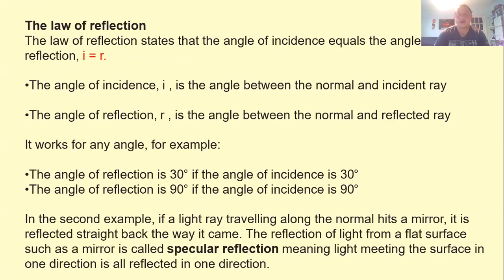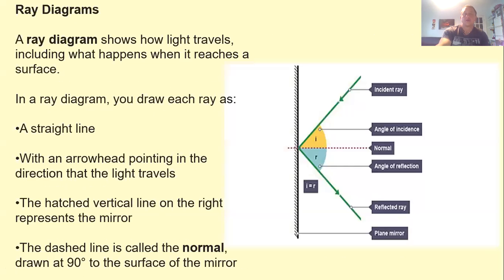Now, if a light ray traveling along the normal hits the mirror, so if it was coming straight in perpendicular at 90 degrees to the mirror, as this diagram shows, how would it reflect back?